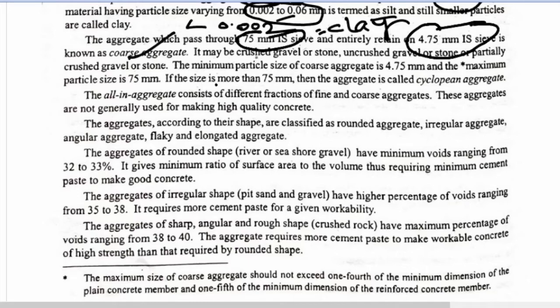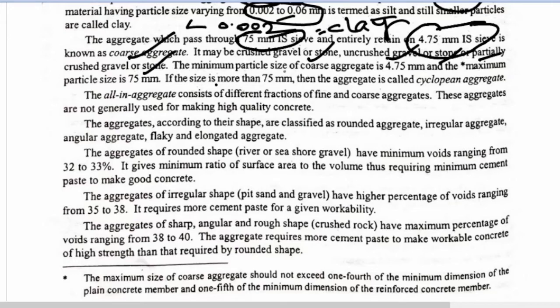It may be crushed gravel or stone, uncrushed gravel or stone, or partially crushed gravel or stone. तो कोर्स एग्रीगेट क्या है? क्रस्ड ग्रेवल और स्टोन, अनक्रस्ड ग्रेवल और स्टोन, और पार्शियली क्रस्ड ग्रेवल और स्टोन.